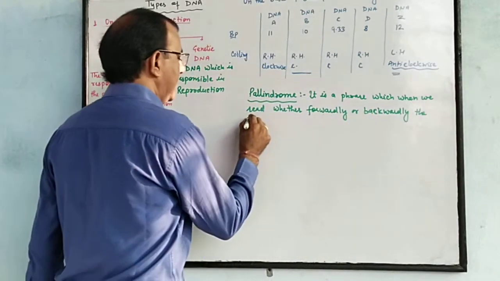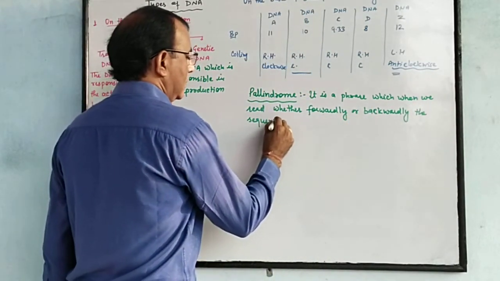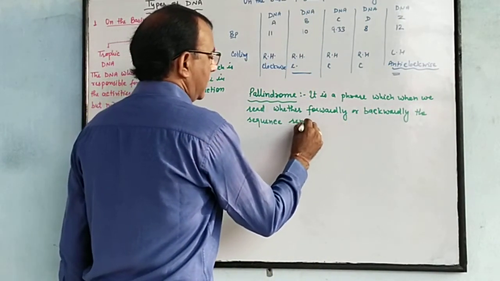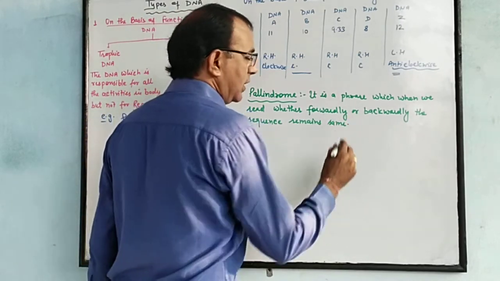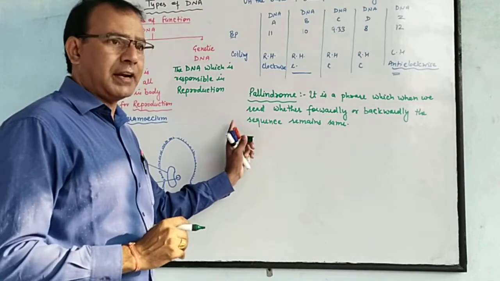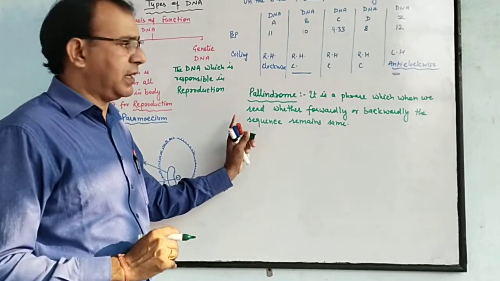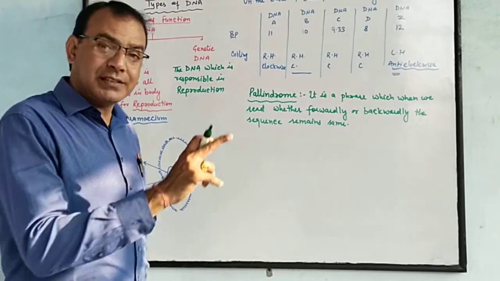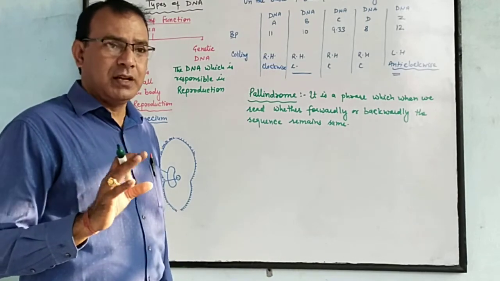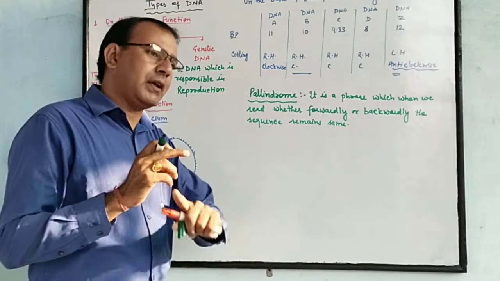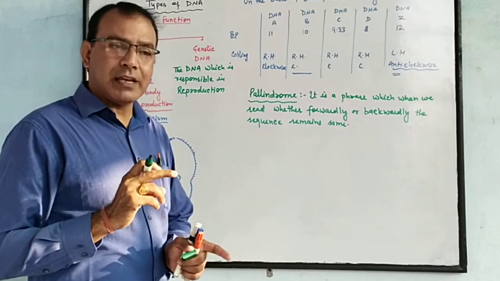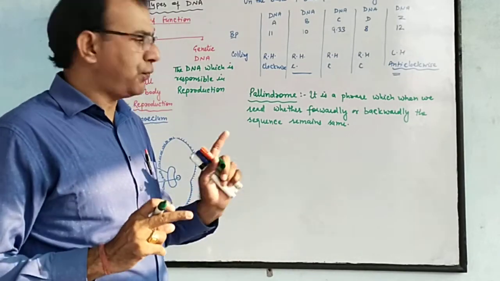The sequence remains the same. It means when we read out the double-stranded DNA, dsDNA, the sequence of nitrogen base pairs remains the same in the same direction. Same direction means if we read one code from 3' to 5', then we read the same code from the same direction, 3' to 5'.